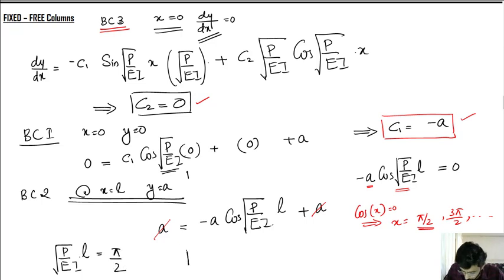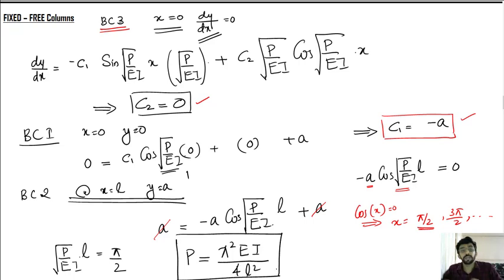Squaring and rearranging, p by ei into L square is equal to pi square by 4, so p is equal to pi square ei by 4 L square. This is the expression for the crippling load for a fixed free column. When we compare it with the previous one, an additional 4 has come into the denominator.